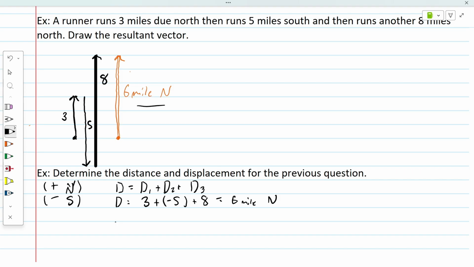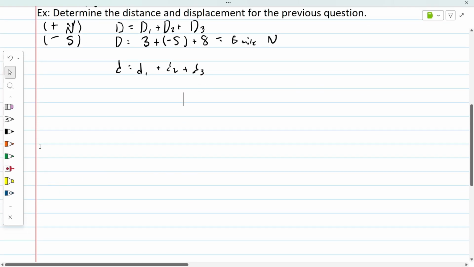But now what if we want to find the distance? I'll write the distance as a small d equals d1 plus d2 plus d3. I'll scroll down a little bit. The distance is a scalar quantity, so we don't need any direction. There's no positive or negative. We just want to write each mile distance they traveled.